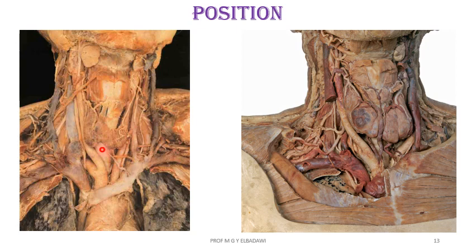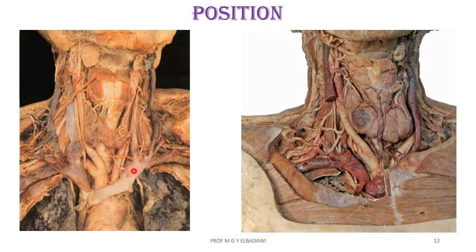You can see the thyroid gland overlapping the trachea together with the common carotid artery, the internal jugular vein, and the vagus nerve within the carotid sheath, which would be part of its posterior or posterolateral relations.